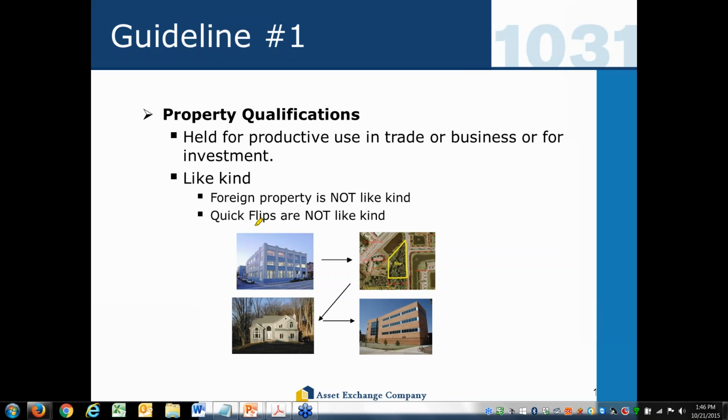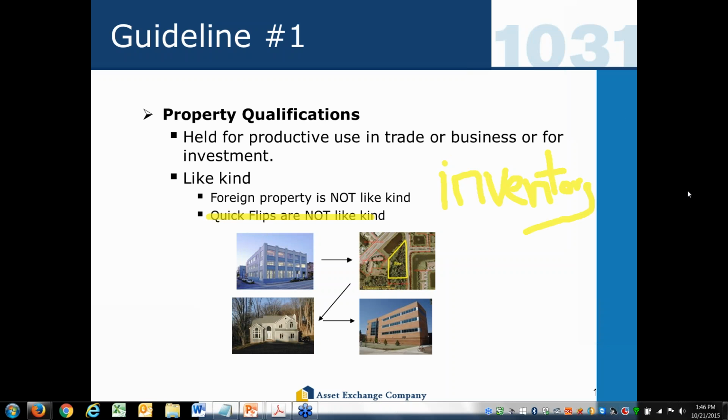Now, one thing I do want to mention before we move on from this slide is I get a lot of calls from people doing flips. And they say, well, geez, my flip is an investment, so I should definitely be able to qualify for an exchange. Unfortunately, I have to tell flippers that the government considers quick flips inventory.